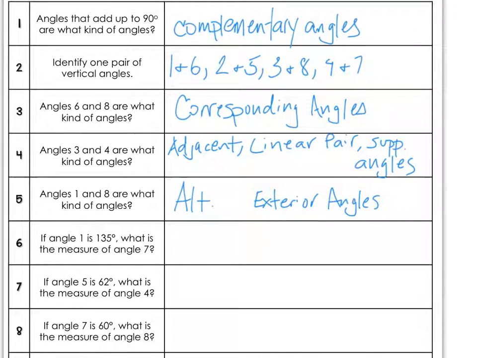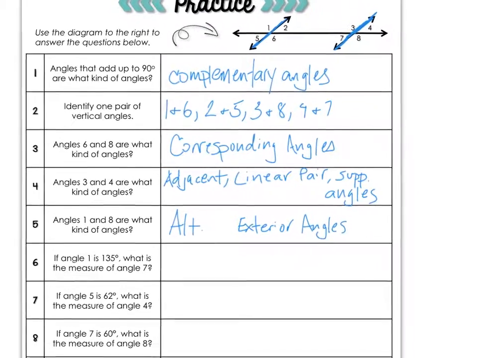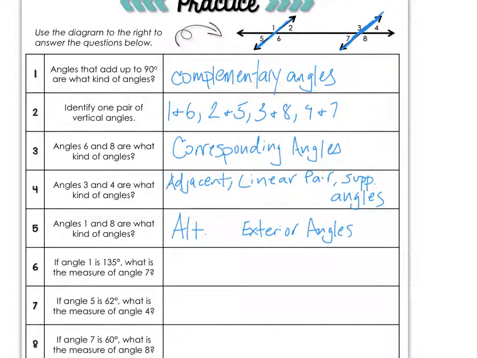If angle 1 is 135 degrees, what is the measure of angle 7? Love these questions. So angle 1, 135 degrees. If it helps you, just write it in. I want to know what angle 7 is. There is no direct calculation that will give you angle 7.